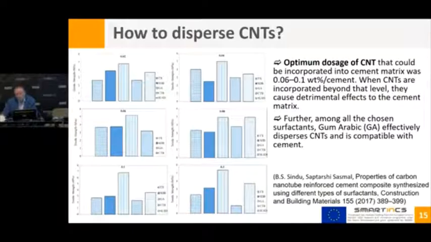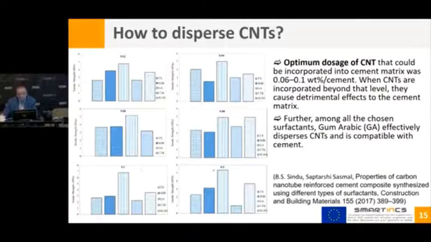The optimum amount was, on the contrary, 0.06 up to 0.1%, because you have here the tensile strength that was measured on the different samples, and as you can see, the highest bars were reached, for example, with 0.06 weight%, where the tensile strength reached 5 megapascal, or it was above 6 megapascal with 0.1% addition of carbon nanotubes.